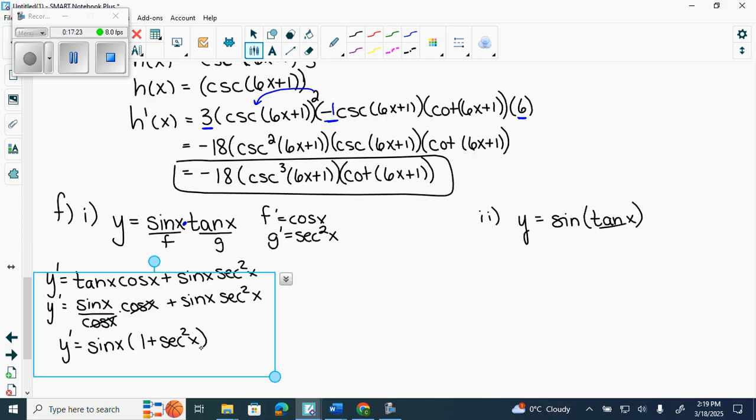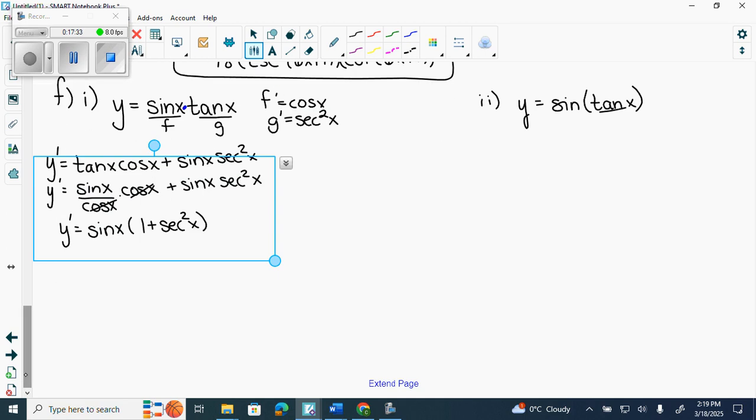They could replace the secant squared with 1 plus tan squared and then get tan squared plus 2. So sometimes you just have to keep going to match their answer key, if it's in the textbook. And like I said, I'll let you have the 30-1 formula sheet, so you'll be fine if that happens.